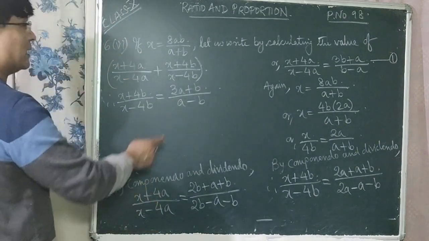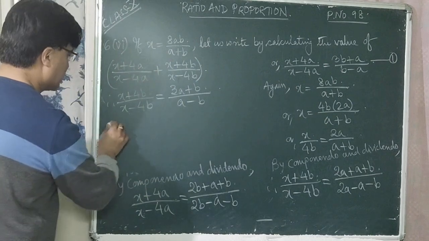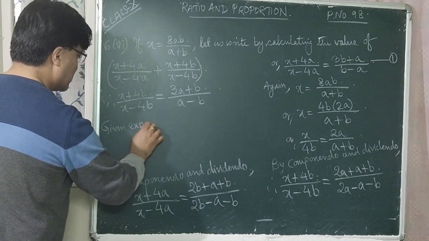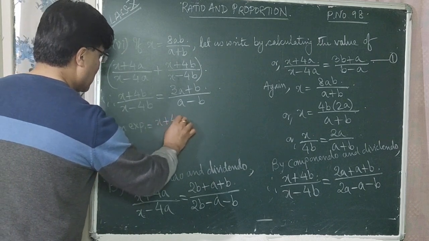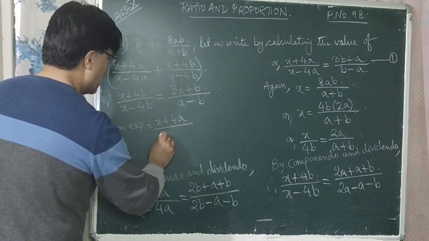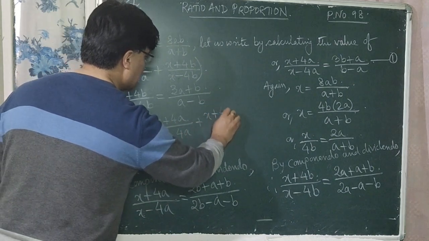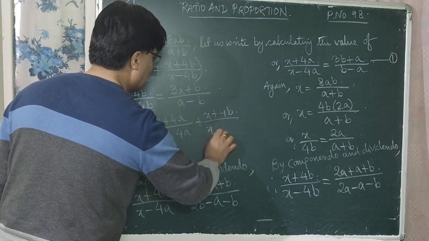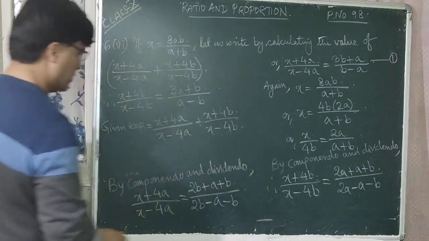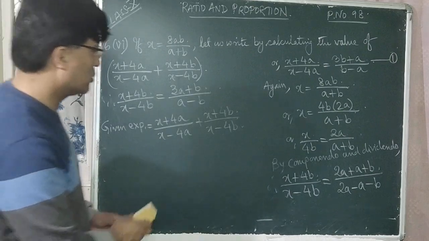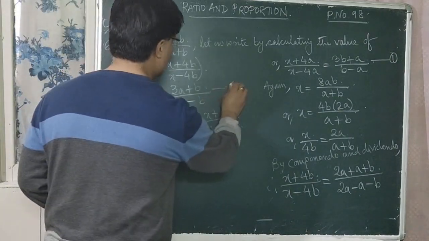So now you have to get the value of this expression, isn't it? Let us write down the given expression now. So given expression is equal to x plus 4a upon x minus 4a plus x plus 4b upon x minus 4b, right? So let us mark it as number 2.